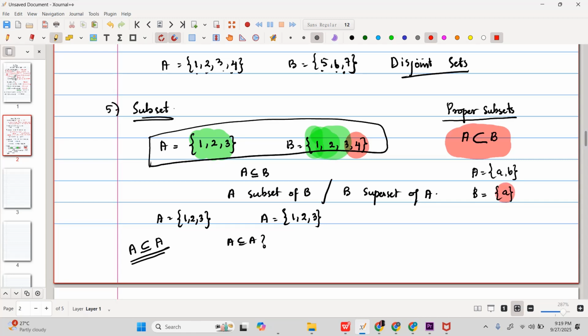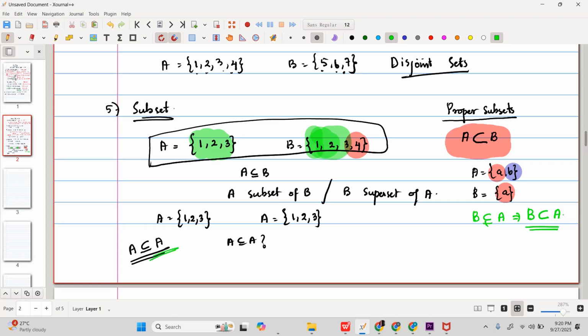This a belongs to this A. So we can say that B is a subset of A. But more than that, we can find one more element in A which is different from B's elements. So B is not equal to A. So simply it is a proper subset of A. So this is the difference between the proper subset and subset.